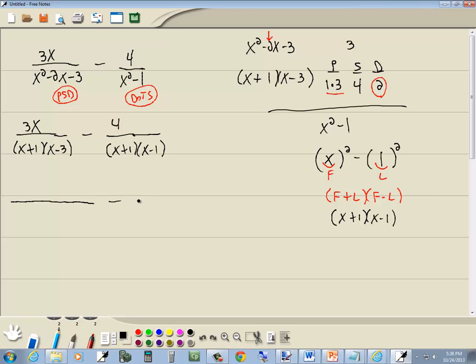Now we want to figure out our least common denominator and then rewrite each fraction with that new denominator. We'll start with our first factor, x plus 1. We're looking for the greatest number of x plus 1s in a single denominator. There's 1 here, there's 1 here, so the greatest number is 1. Now I go to my next one, x minus 3.